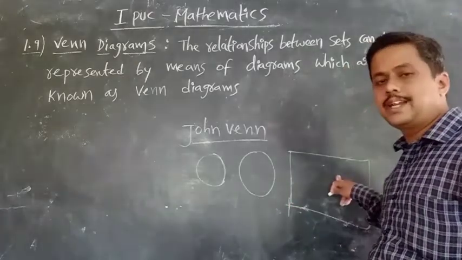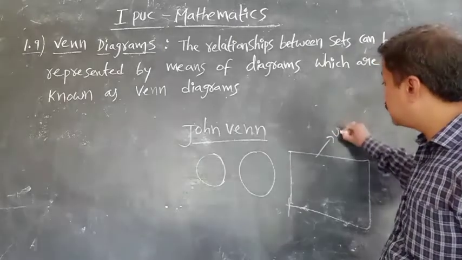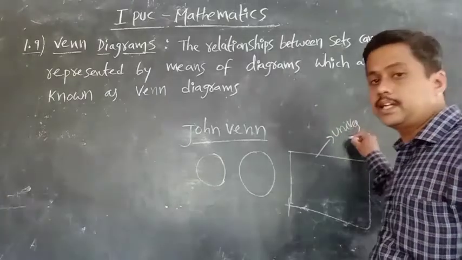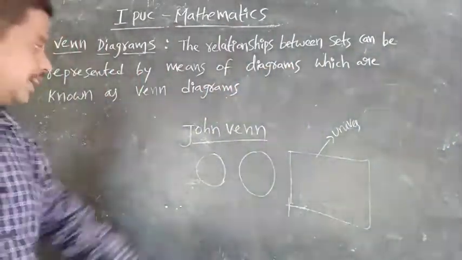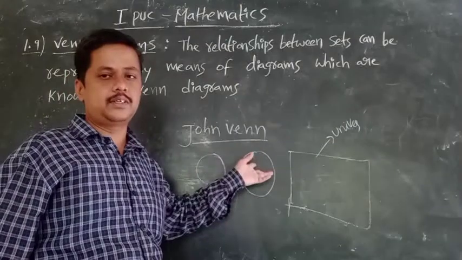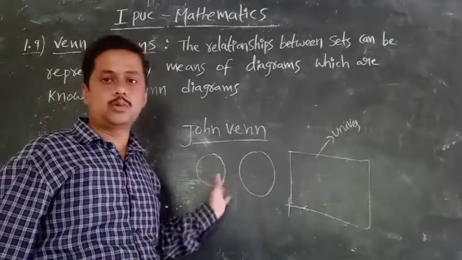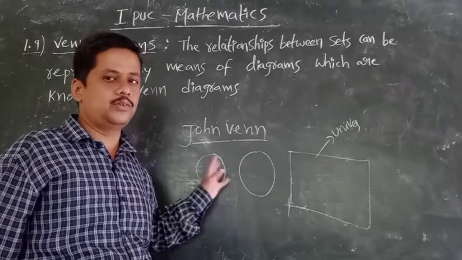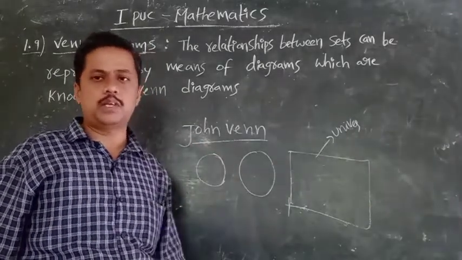Why are we using the rectangle? For representing the universal set. We have heard about the universal set, so to represent the universal set we are using the rectangle, and since subsets exist within the universal set, we are using these closed curves. Mostly we use circles, and sometimes ovals.